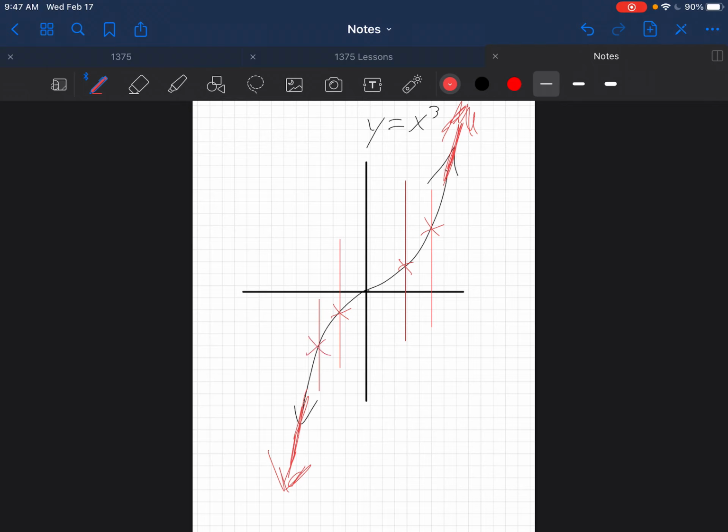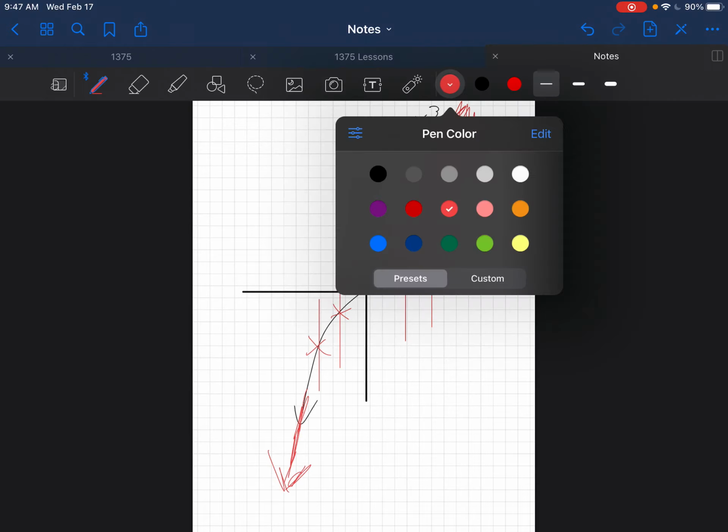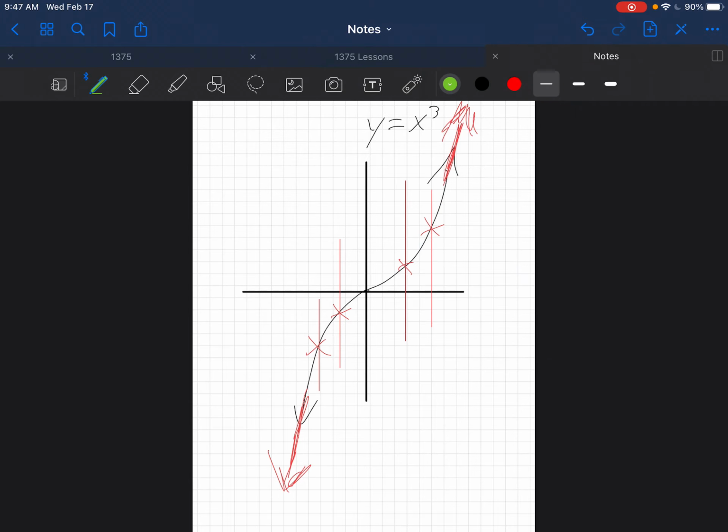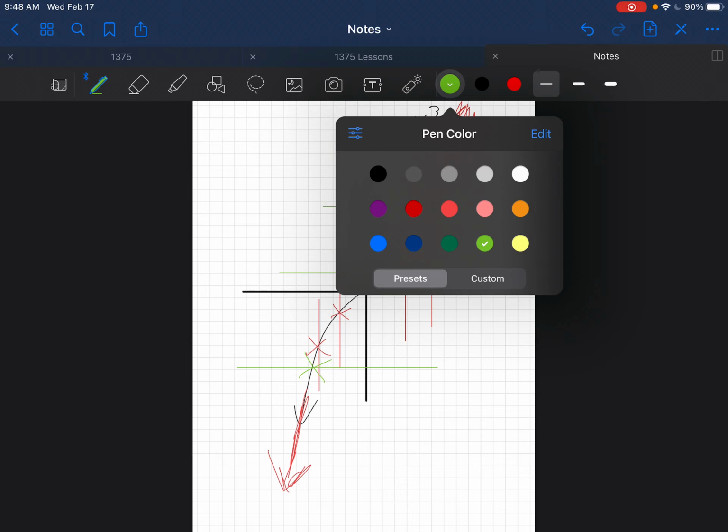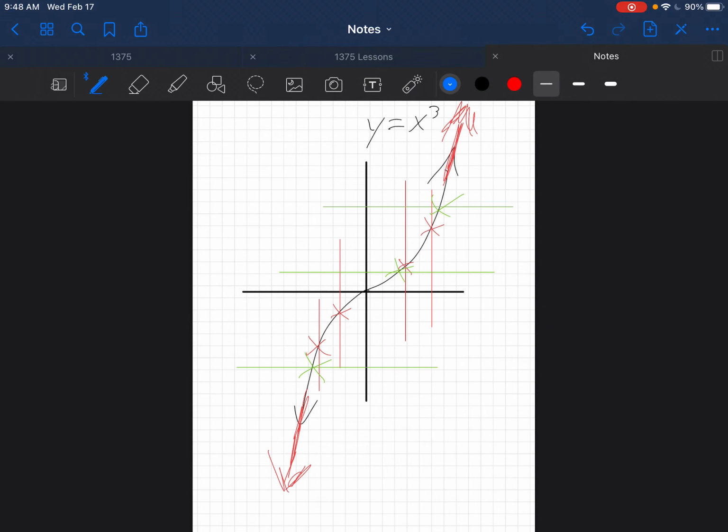But our knowledge of how these graphs behave can help us determine that this is a function, yes, and it also can help us determine that this is indeed a one-to-one function. Because we know how this graph behaves even beyond the picture that we are actually seeing. So that is the vertical and horizontal line test.